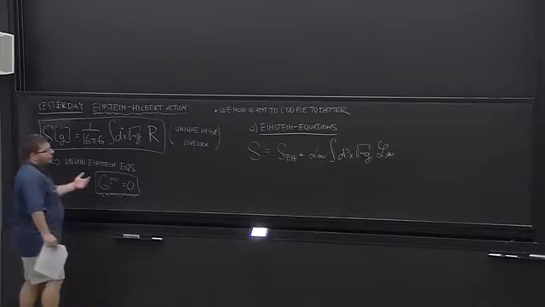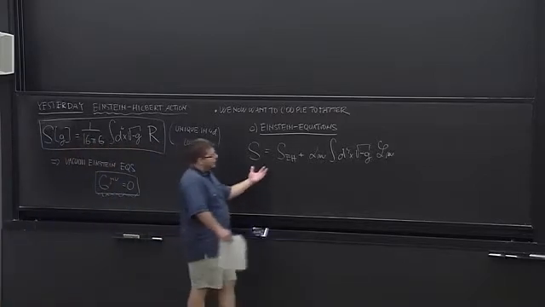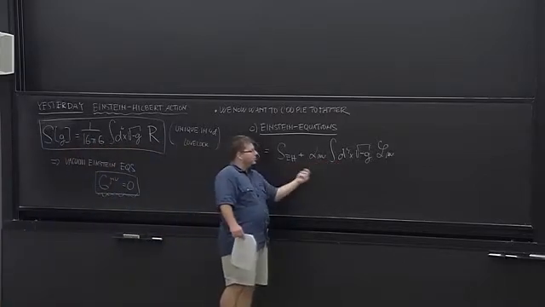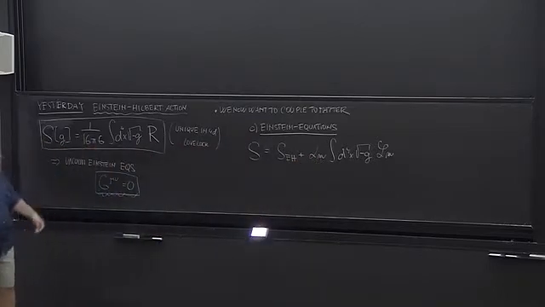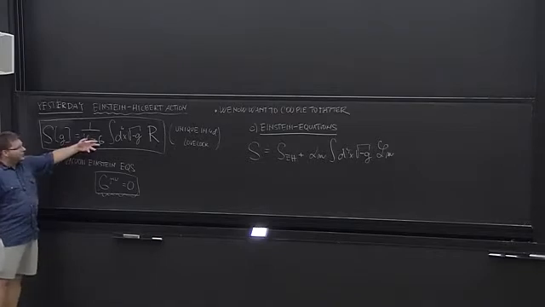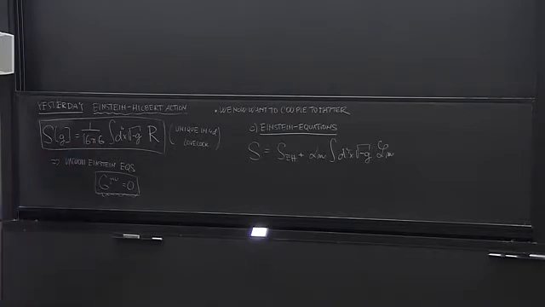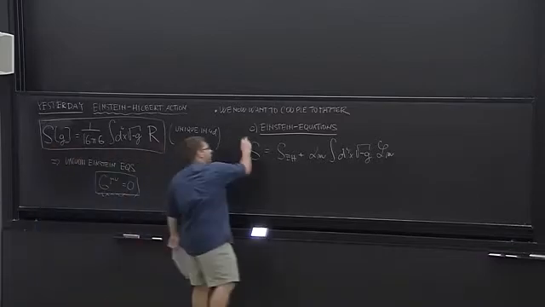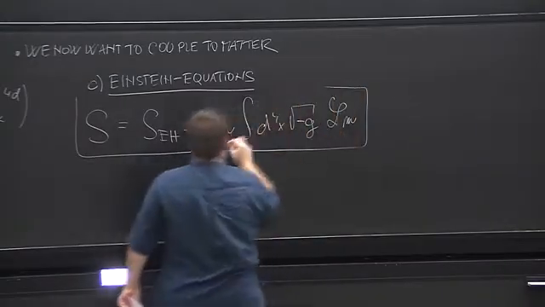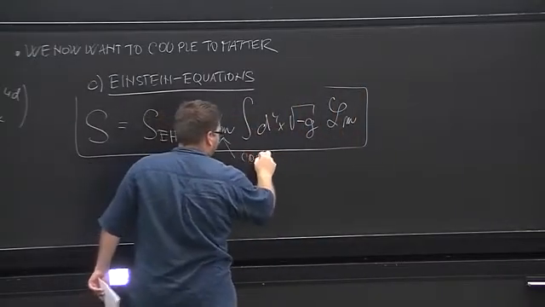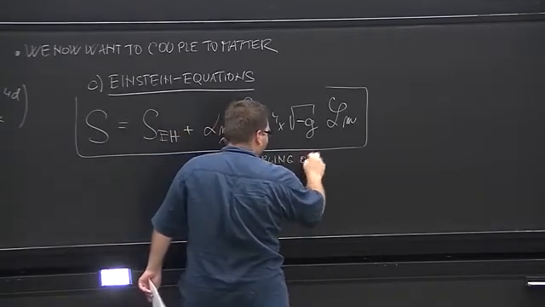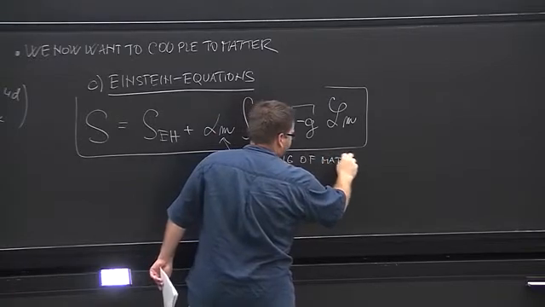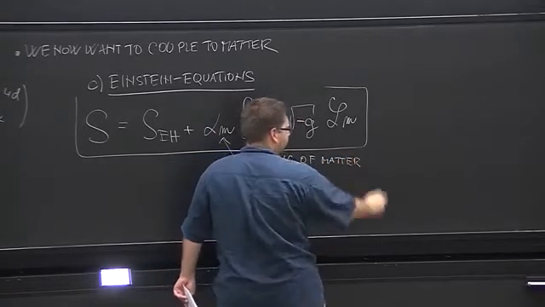And so actually to capture how the matter couples to gravity, I'll capture it by this coupling constant alpha m. But you'll see that, of course, I define this 1 over 16 pi G so that alpha m is 1. Okay, so now this is the action. This tells me something about the coupling of matter to gravity.